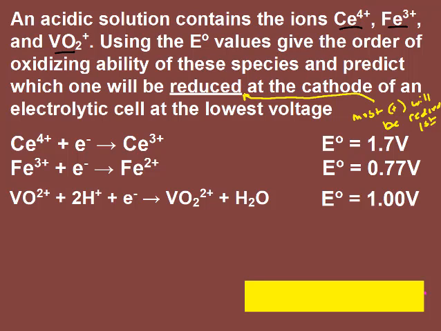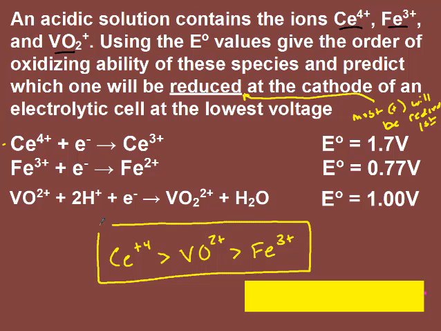So of these 3, this first one is the most positive. So cerium plus 4 would be reduced at the lowest voltage, and then VO2 plus, and then Fe3 plus would be reduced at the higher voltage, or after the first 2 have already been reduced out.